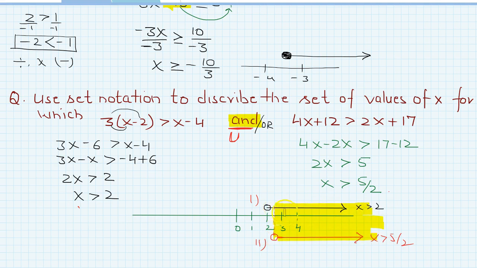This part is in both. Each point on this line and this line is the same. So what are we going to write? The solution set is, for both, x is greater than 5/2, which is going to satisfy both the inequalities. Now we are going to take another example where it is OR.